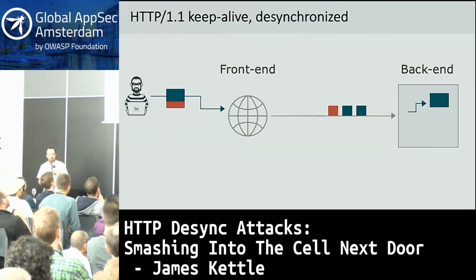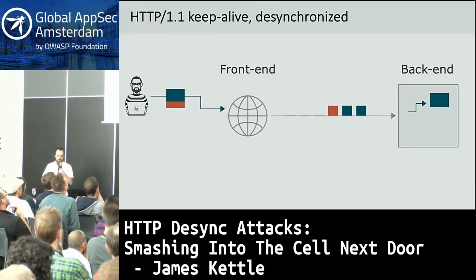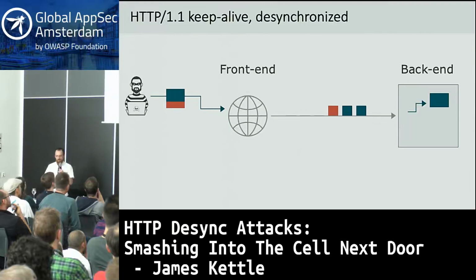Well, what happens if, as an attacker, we send an ambiguous message, one that gets parsed as being a different length by the front end and the back end server? So here we've sent one request, shown in blue and orange, and the front end thinks this is one request. So it sends the whole thing onto the back end. And when the back end is reassembling it, for some reason, it thinks the second blue square is the end of that request.